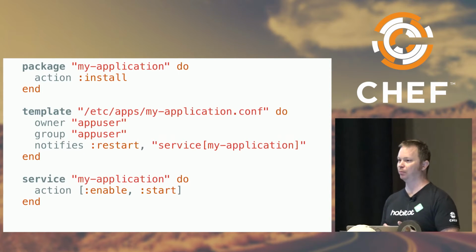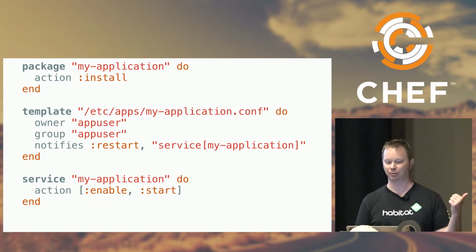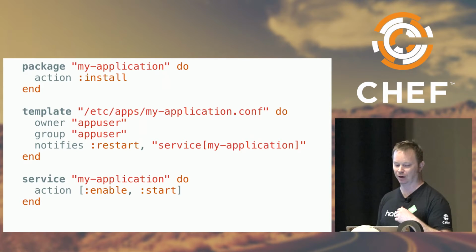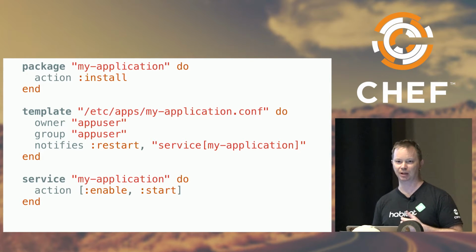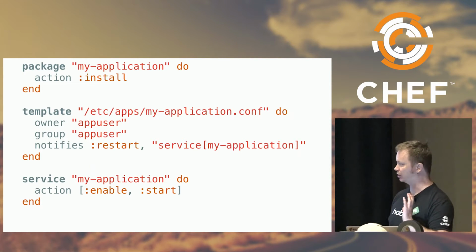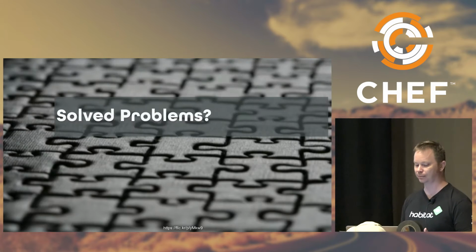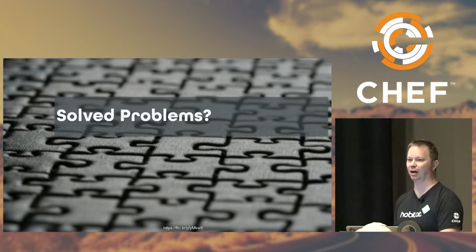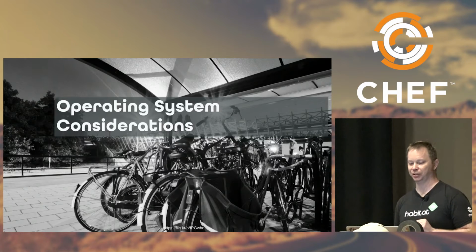And we solved this problem with Chef by installing the package for your application and then having a separate config template that lives in a cookbook instead of your application repository. And then you manage the service of the application, which is going to be systemd or runit or all that. But Chef abstracts that away for you, and we totally solve that problem, right? I mean, obviously not, because I'm totally leading you on. We have operating system considerations.